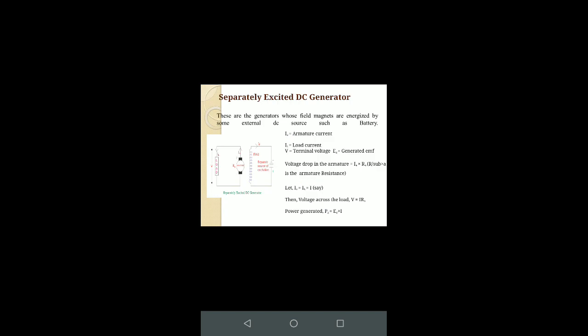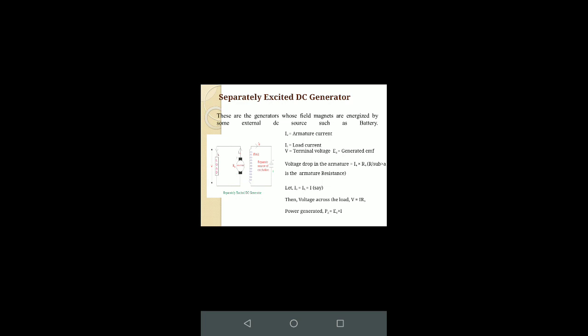Coming to the separately excited DC generator. These are the generators whose field magnets, I'm repeating, whose field magnets are energized by some external DC source such as a battery. If the field winding is excited by a separate external source, then it comes under separately excited DC generator.